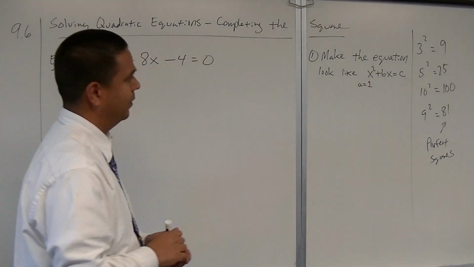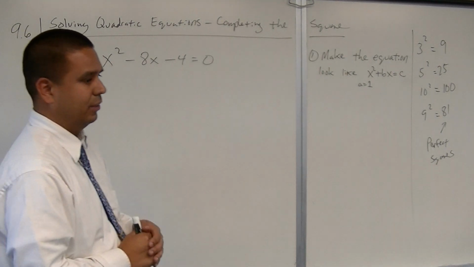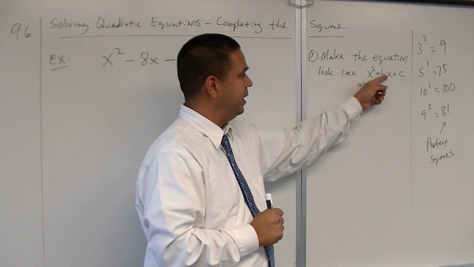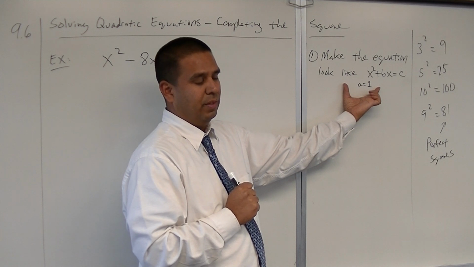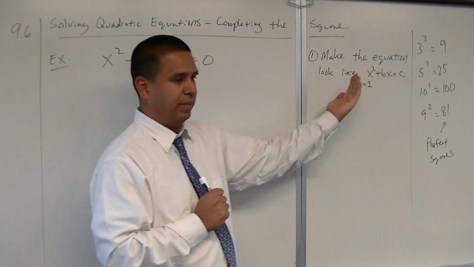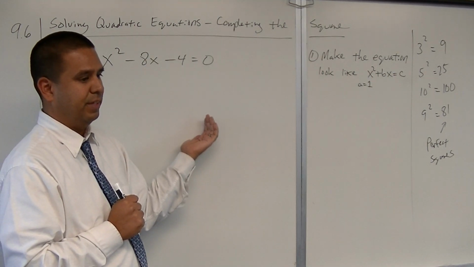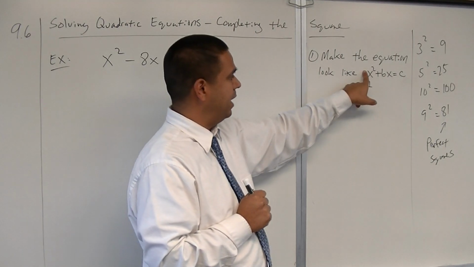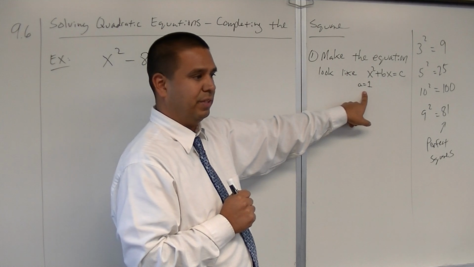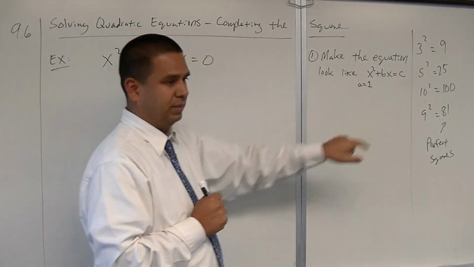Step 1: we make the equation look like x squared plus bx equals c, where a is equal to 1. So we keep x squared and x on the left, and we push our constant to the right. And then you make sure that a, the leading coefficient, is 1.